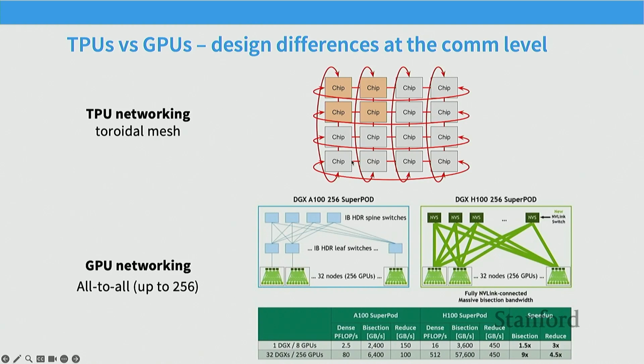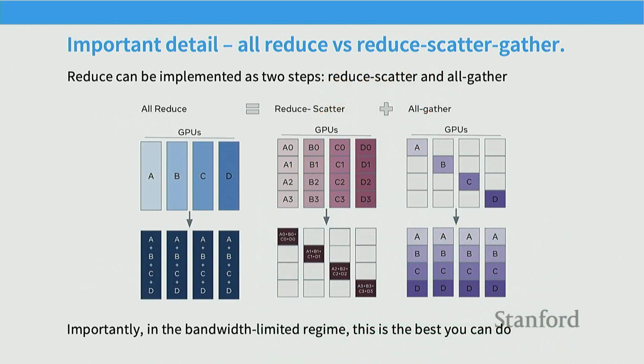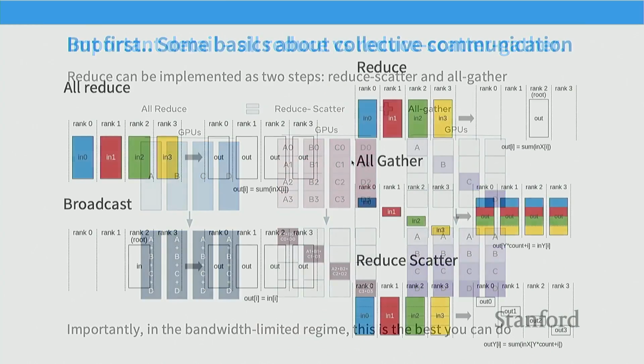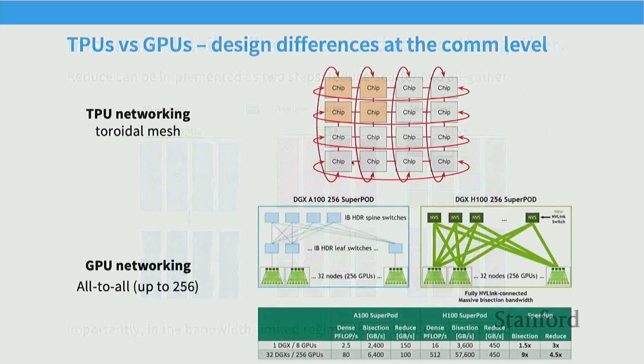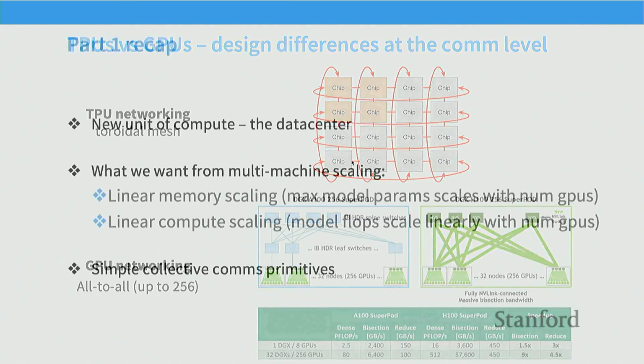The reason I'm talking about this right after the all-reduce slide is that if you think about doing these kinds of collective communications like all-reduce or reduce-scatter, you can implement them just as efficiently on a toroidal mesh as you can on an all-to-all connection. So if you're optimizing purely for collective communications, it makes sense to think about things like TPU networking rather than GPU networking. I'll talk a little bit about pros and cons of this later as I go through different parallelization operations.